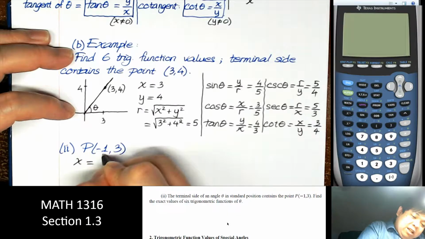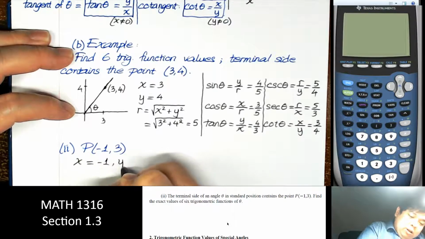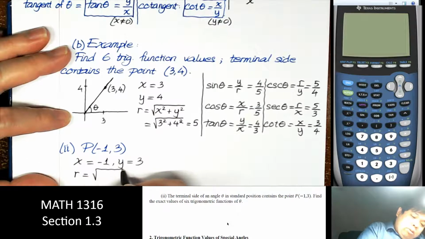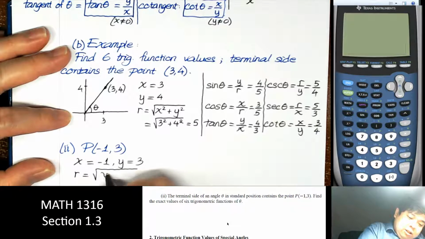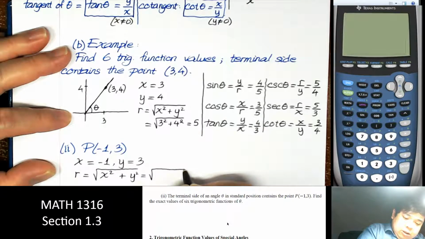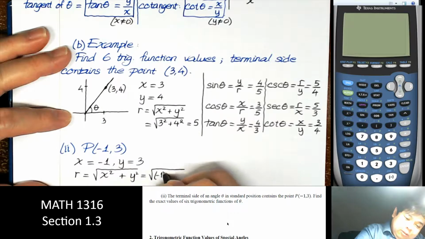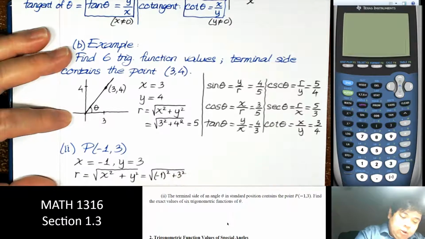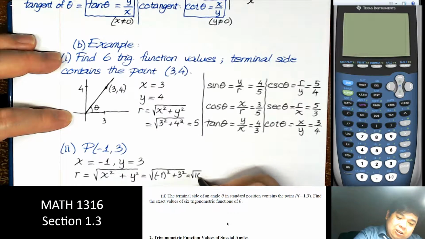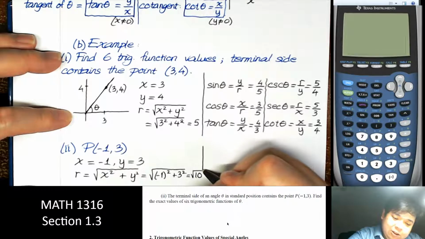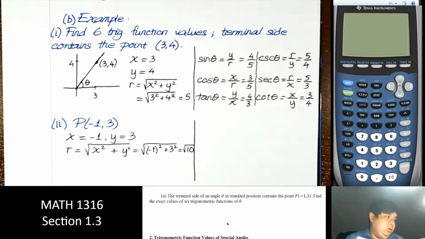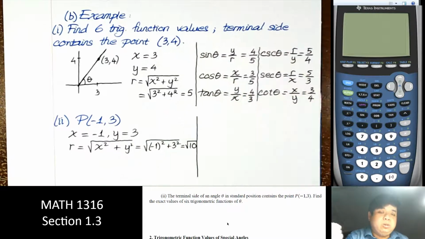From here we have x is equal to negative 1, y is equal to 3, and r is the square root of x squared plus y squared, and that is the square root of 10. So we have x, we have y, and we have r. The rest is easy. Put in this ratio, and that's pretty much it.